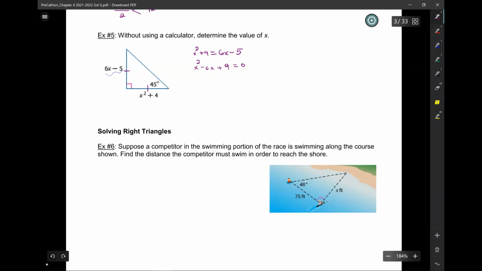Set it equal to 0. Okay? That's why you learn chapters 4 and 5 in Algebra 2. And now, factor. x minus 3 squared equals 0. So x is 3. Okay?